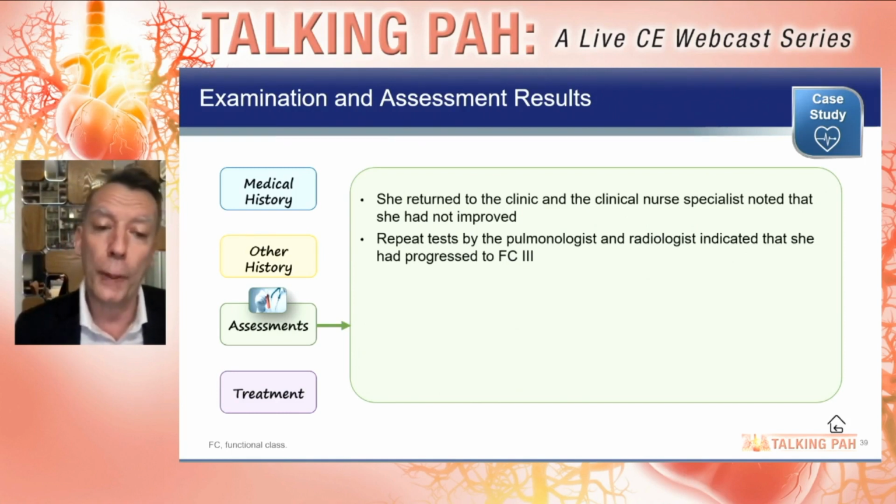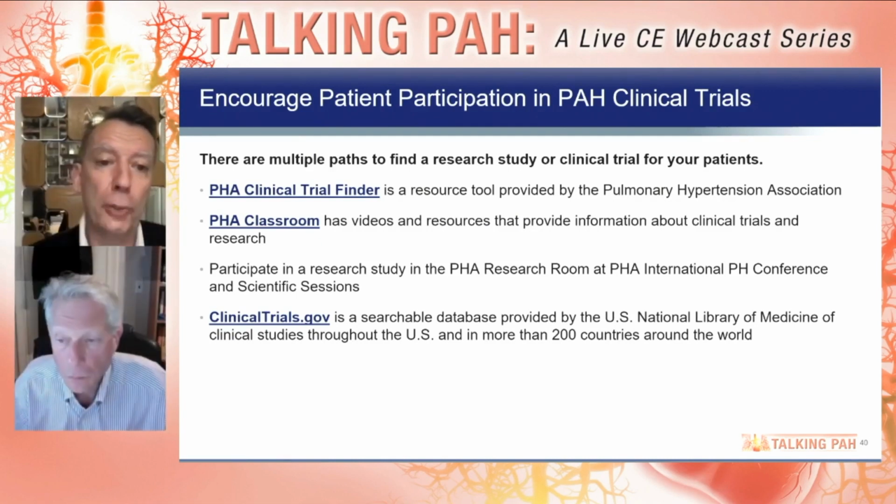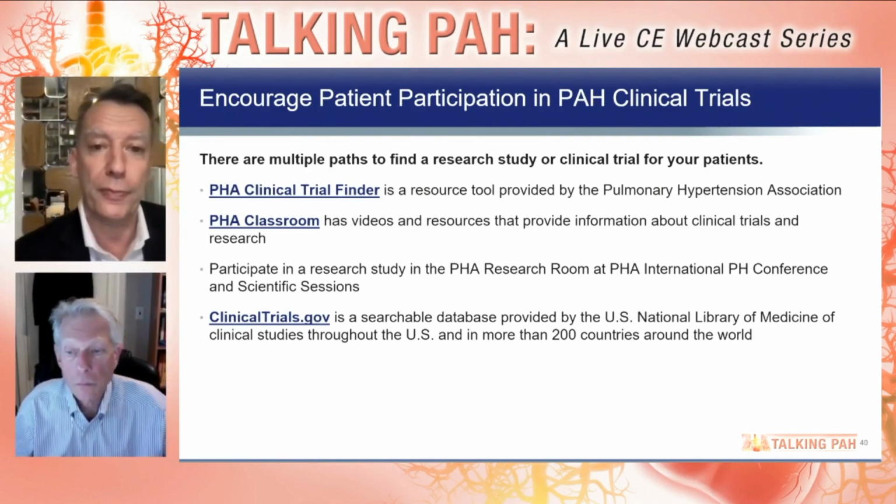And in fact, the repeat test by the pulmonologist and radiologist indicated that she had progressed to functional class 3. So I hand over now to Aaron to discuss patient participation to clinical trials.